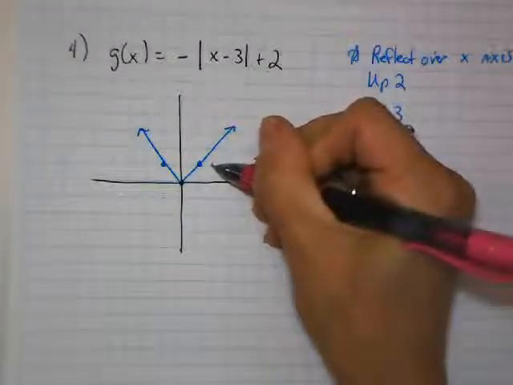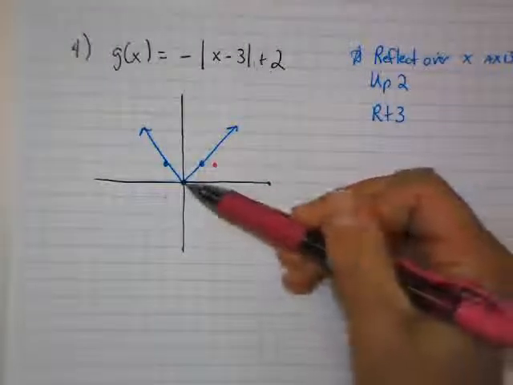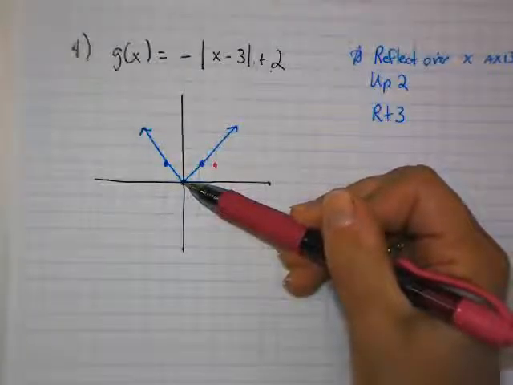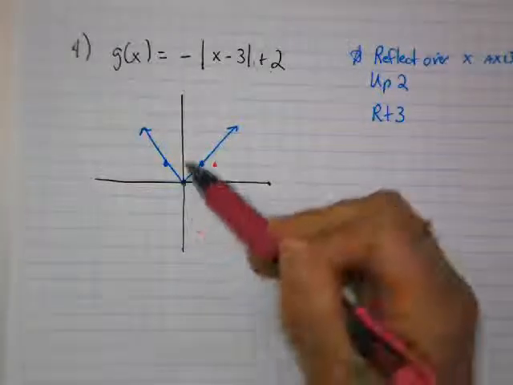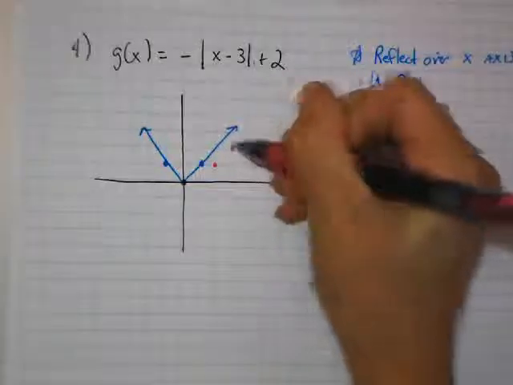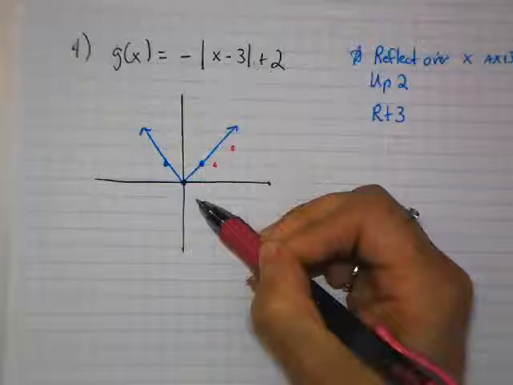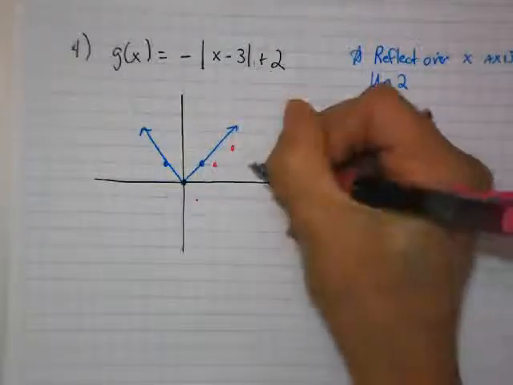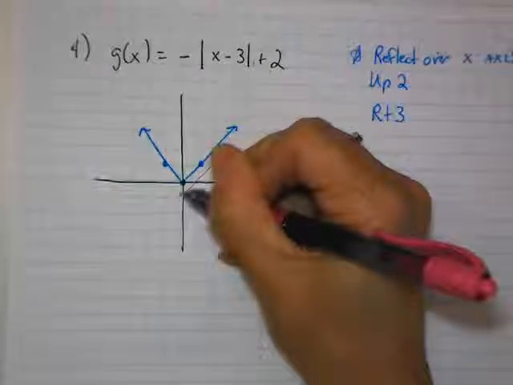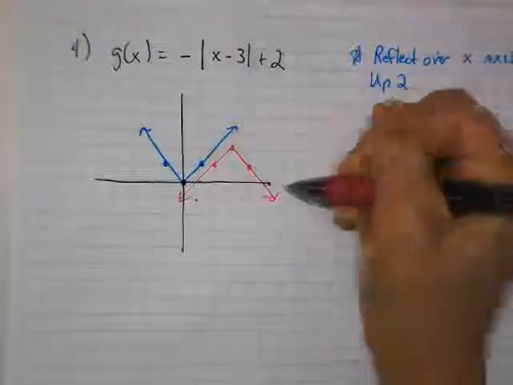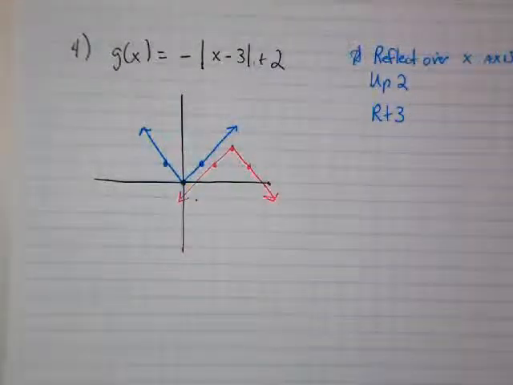Reflecting over the x-axis when you're on the axis doesn't do anything. Up 2, right 3. I'm going to reflect. Then I go up 2, right 3. Okay. So reflect beats the other one.